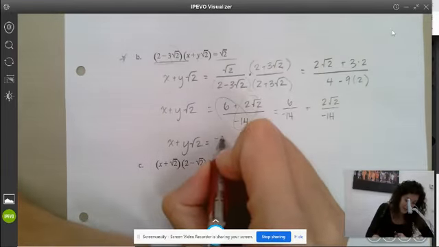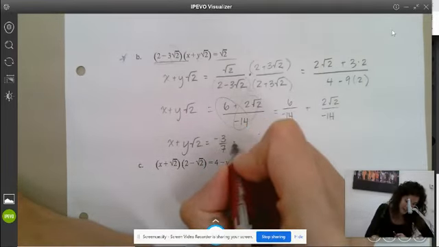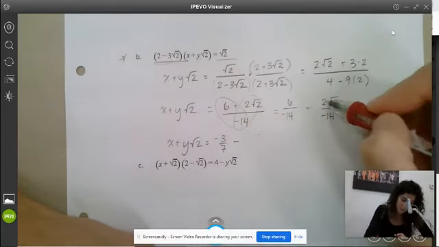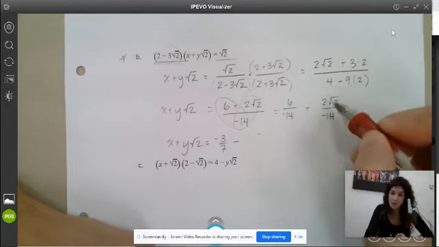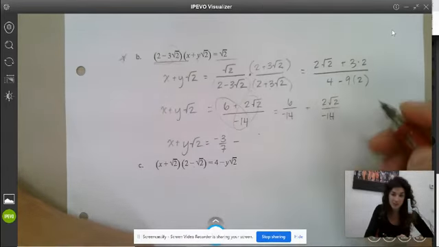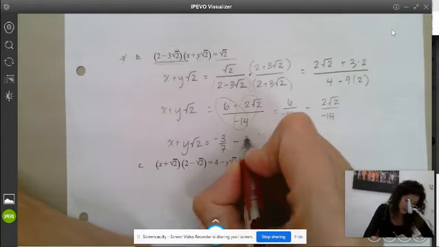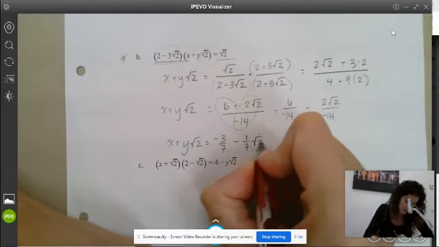So that's going to be negative 3 over 7, and then minus 1 over 7. But remember that the 2 does not simplify down because the 2 is inside the square root, whereas the 14 is not. So it only can be minus 1 over 7, square root of 2.